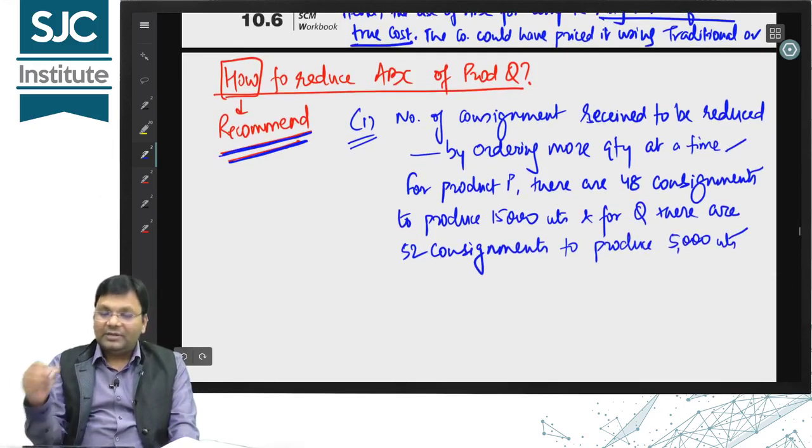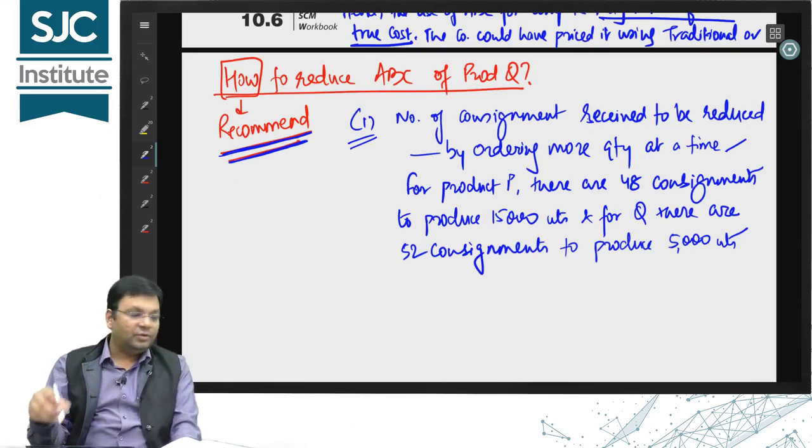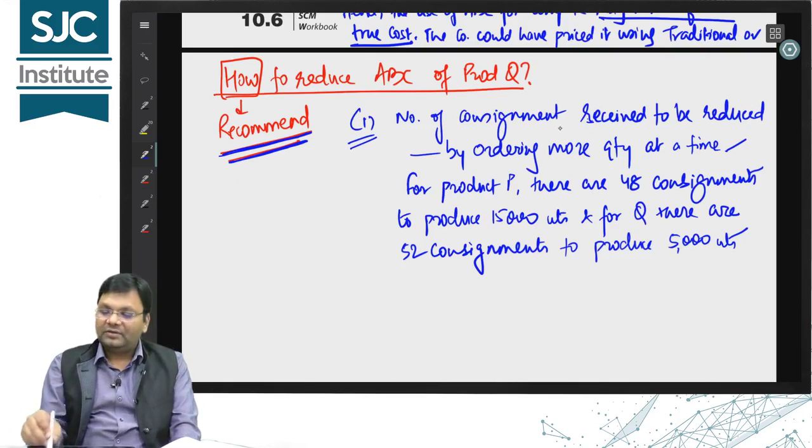So this is actually alerting us that we should focus on reducing the number of consignments for product Q.